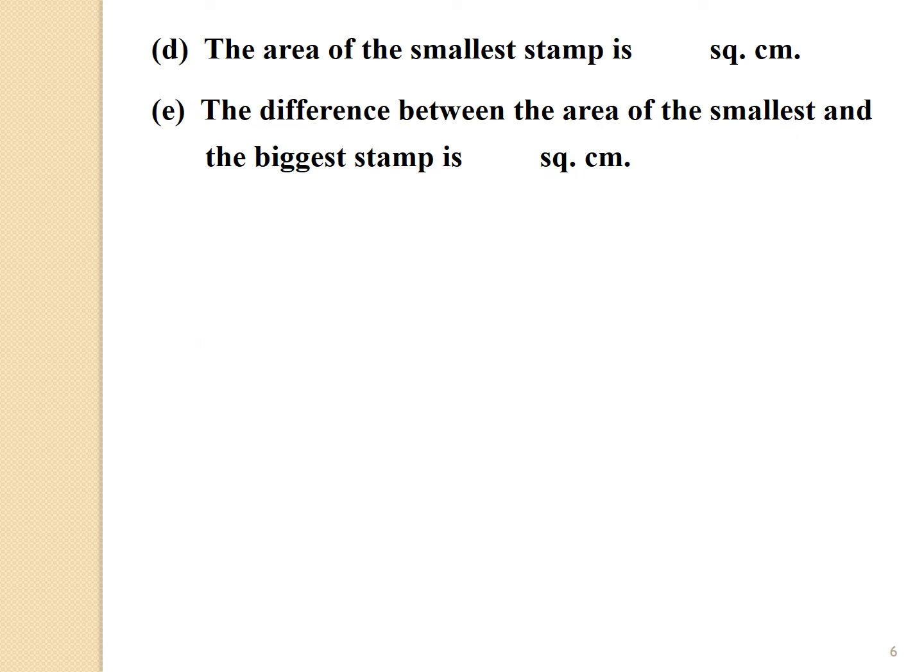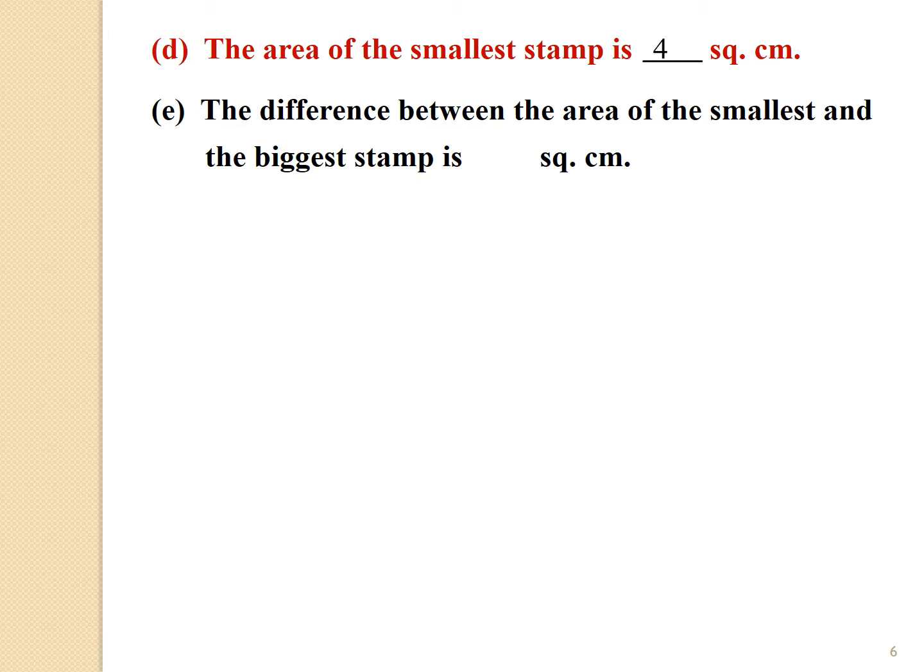Now, question D. The area of the smallest stamp is dash square centimeters. By observing the image, it is clear that the area of the smallest stamp is 4 square centimeters.